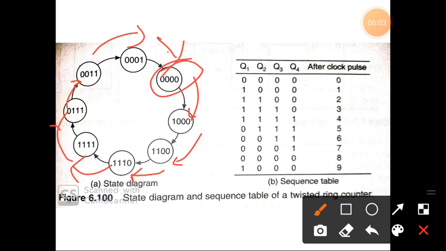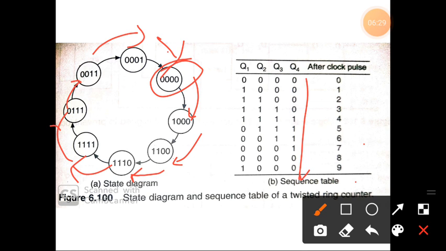After each clock pulse this sequence continues like this. So there are 8 states, and after the 8th clock pulse it returns to the initial state. So this is the sequence table.